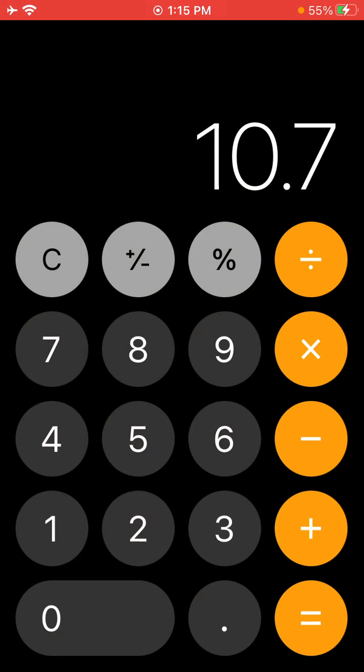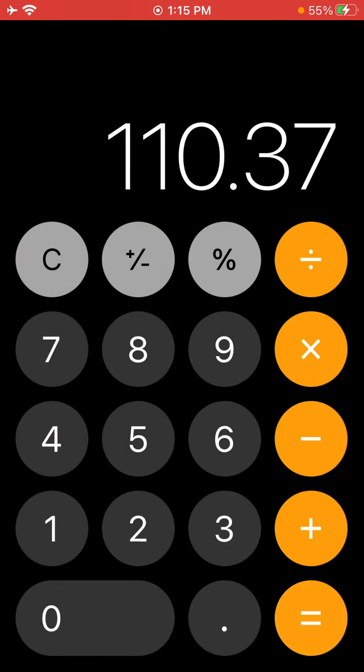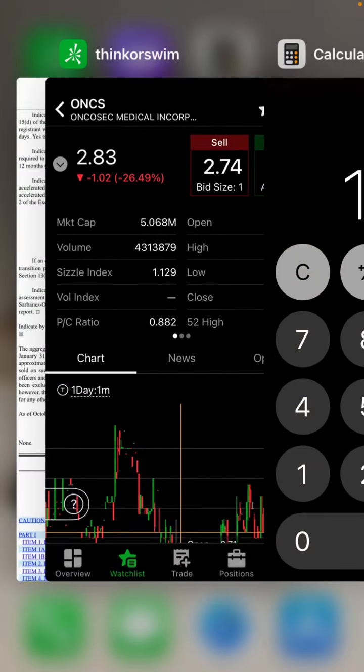Obviously we can know that if we do 39 times the closing price, which was 2.83, based off that float, if that float also equaled the shares outstanding, the market cap should be at least 110 million, but it's obviously less.